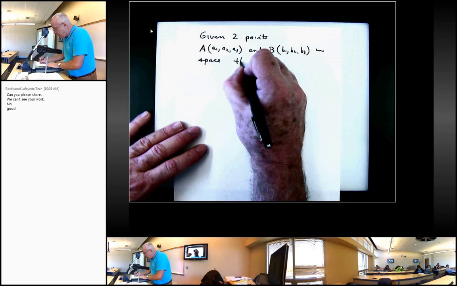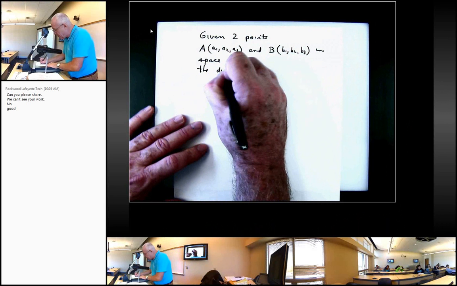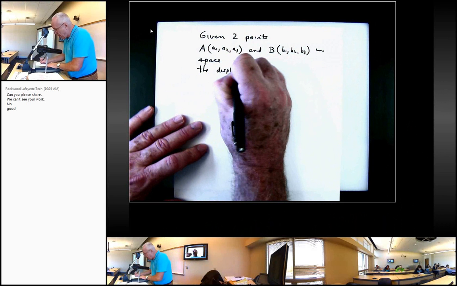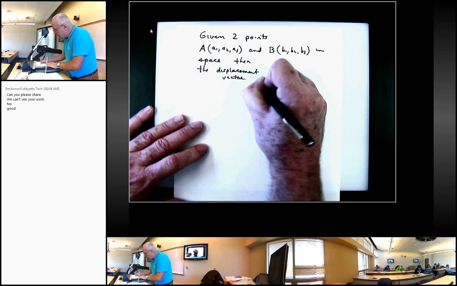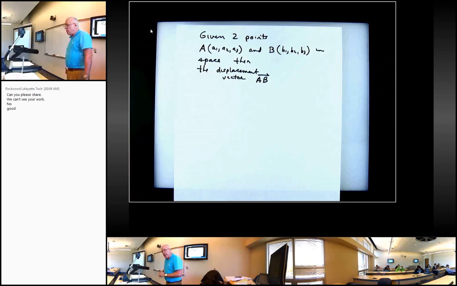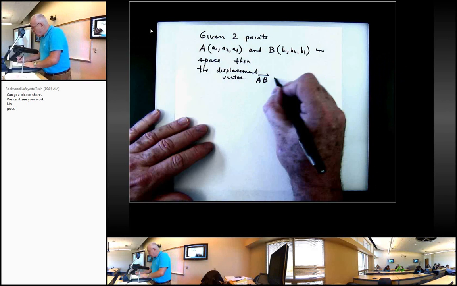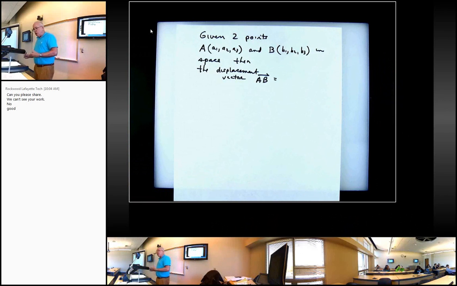Then the displacement vector, starting at A and going to B, with an arrow over it, we can represent algebraically also.